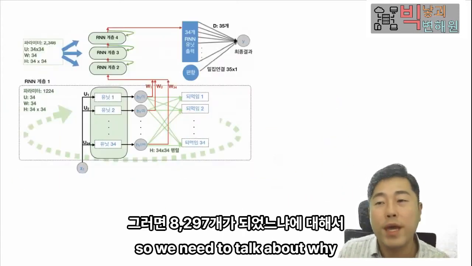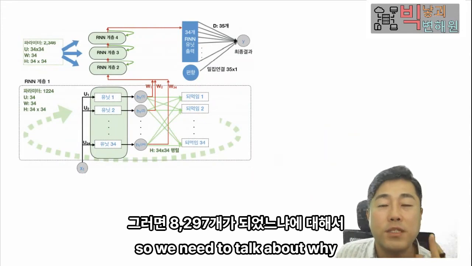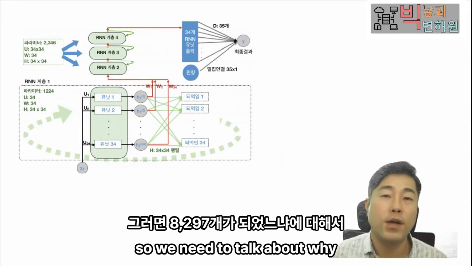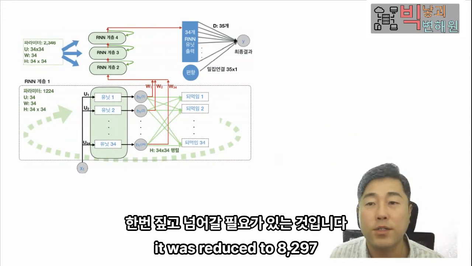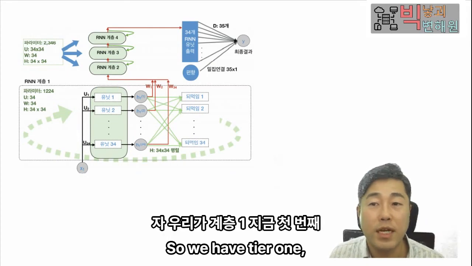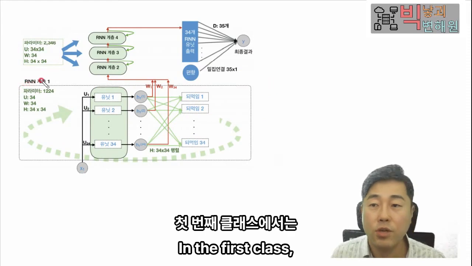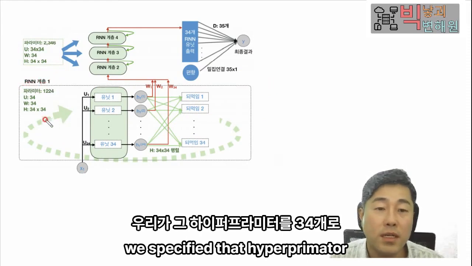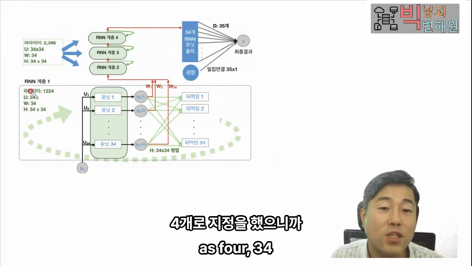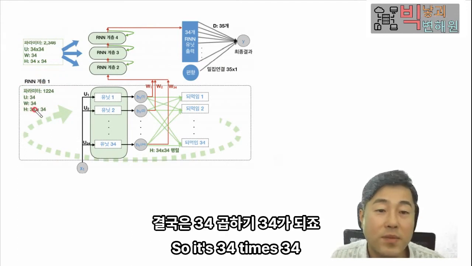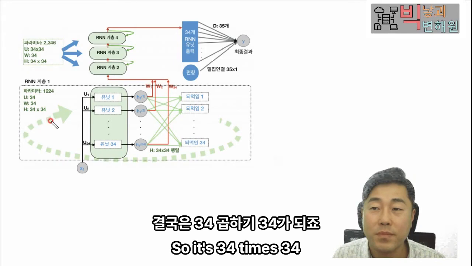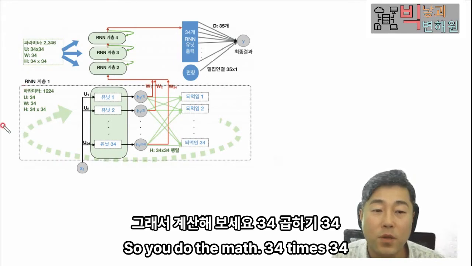So we need to talk about why it was reduced to 8,297. We have tier 1, which is the first, which is the class. In the first class, we specified that hyperparameter as 34. So it's 34 times 34. So you do the math.